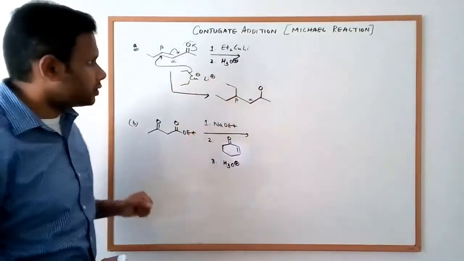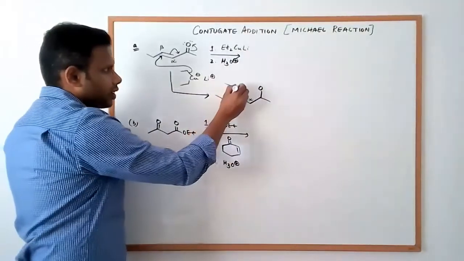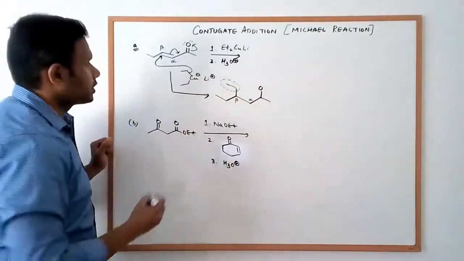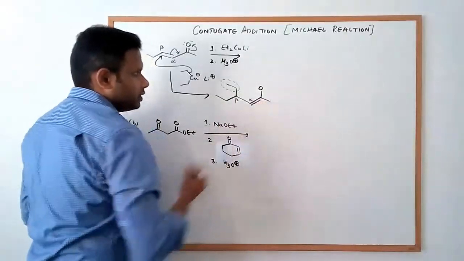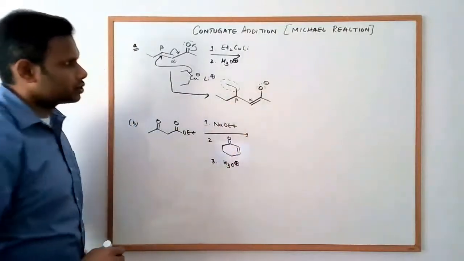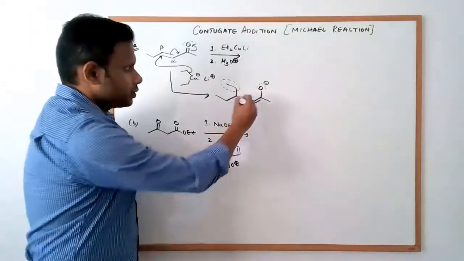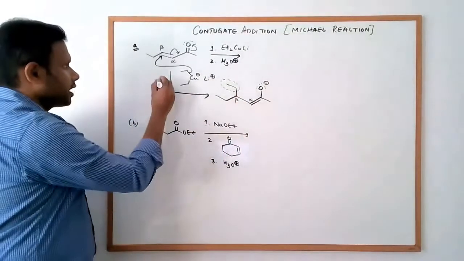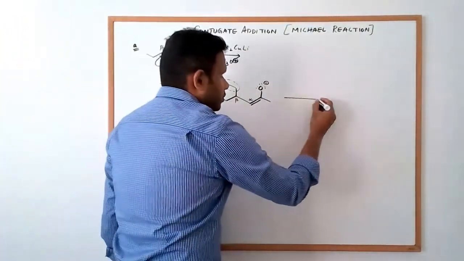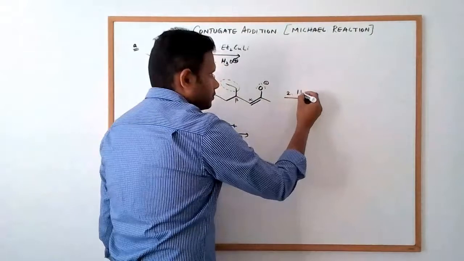So we've added another ethyl group to the beta carbon. So this is the nucleophile that came in. There should be a double bond between the alpha carbon and the carbonyl carbon and a negative charge on that oxygen. So that would be the intermediate after our first step. Next, we are going to protonate it.